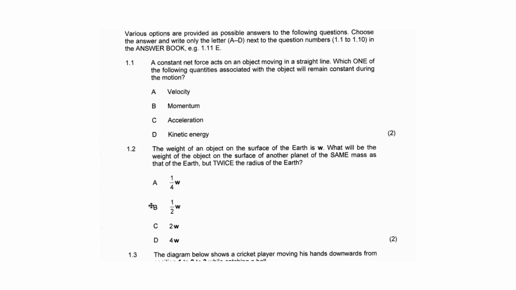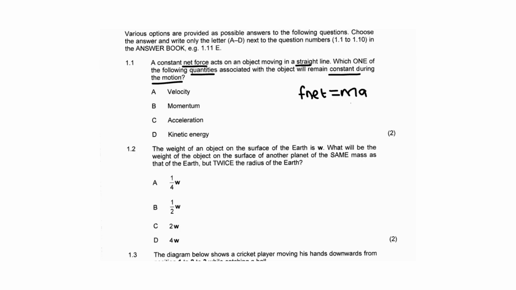Okay, question 1.1: a constant net force acts on an object moving in a straight line. Which one of the following quantities associated with the object will remain constant during the motion? They've told us that there is a net force, and if it's constant, we relate that with Newton's second law, because for us to have a net force on an object, it means the object has a mass and it is accelerating.